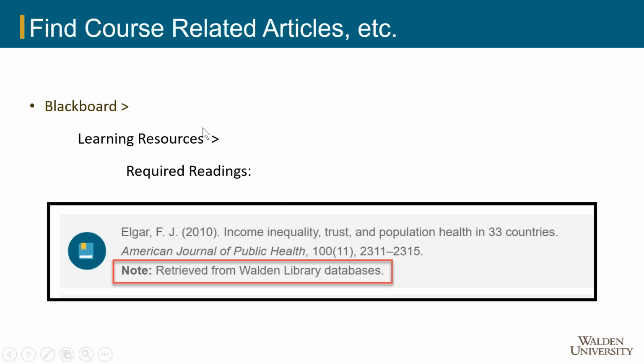So what happens is you're in Blackboard. Under the learning resources, you see the note under required readings that it says retrieved from the Walden Library databases. So in order to actually get access to the full text of these articles, you need to navigate outside of Blackboard and come to the library's homepage.